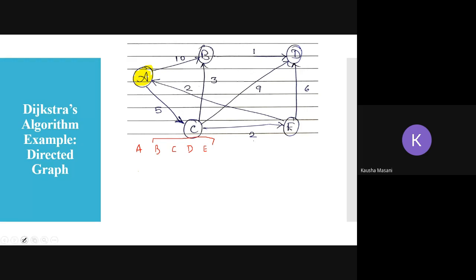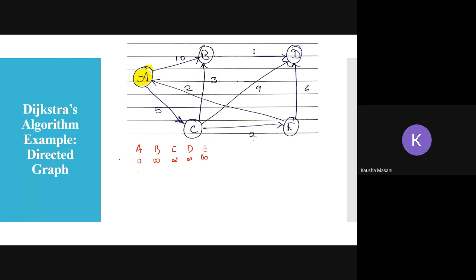All right. And initially in the first row, what you are going to write is: A to A, obviously it is going to be 0. Rest all the distances, as I have not found out anything, will be infinity everywhere. Now applying those formulas again, you have to apply those formulas which you applied in the previous slide.